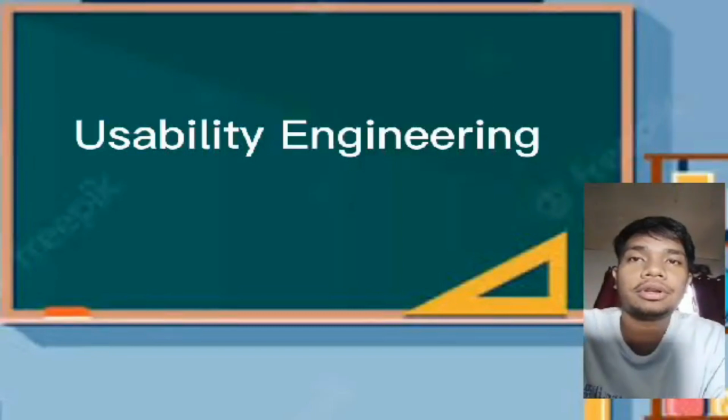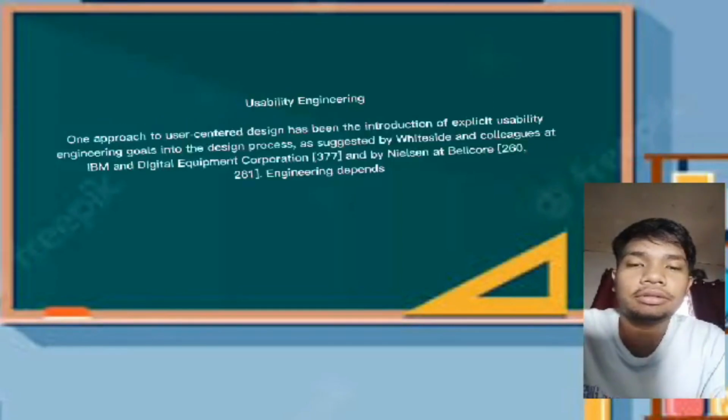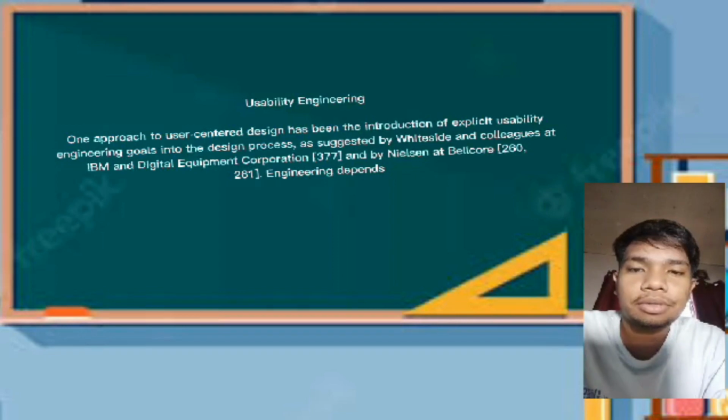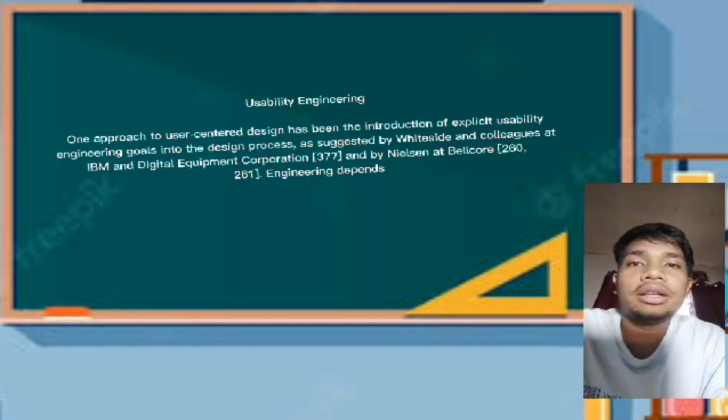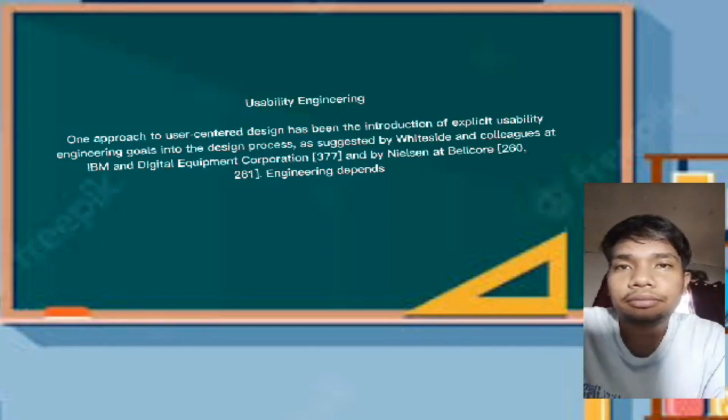This is my report: usability engineering. One approach to user-centered design has been the introduction of explicit usability engineering goals into the design process, as suggested by Whiteside and colleagues at IBM and Digital Equipment Corporation and by Nielsen at Bellcore.